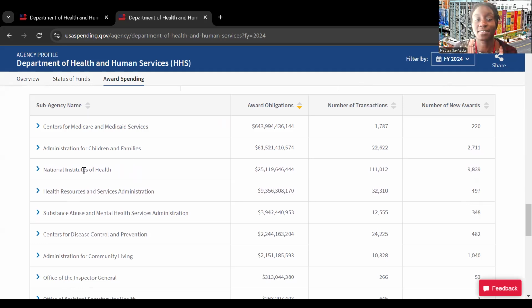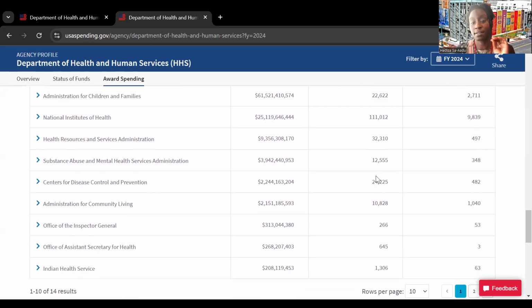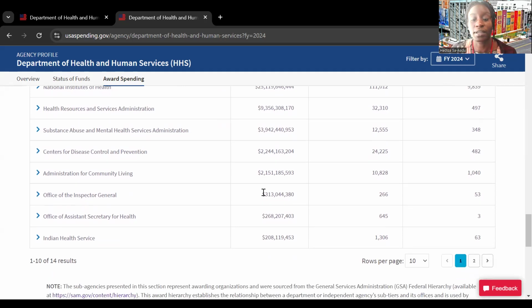And we've got the list of all the sub-agencies and their total transactions and the number of new awards as a very granular breakdown here. So we really can get quite a lot of information without having to even really take a detailed search in the more extensive database, which we're not covering today.